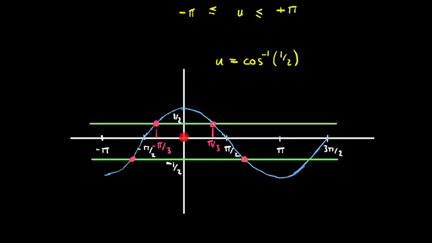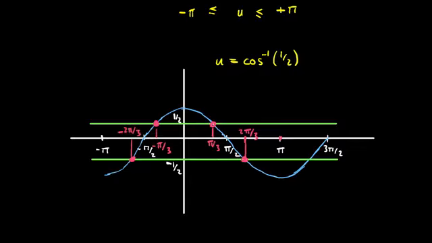If this distance here is pi by 3, then the distance from here to here must also be pi by 3. So this coordinate is going to be pi minus pi by 3, which is 2 pi upon 3. And again, using symmetry, that coordinate there will be negative 2 pi upon 3.